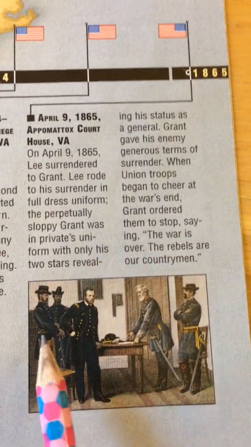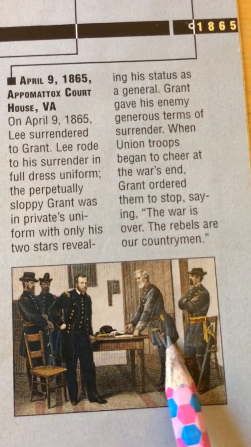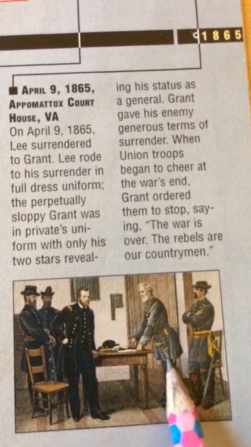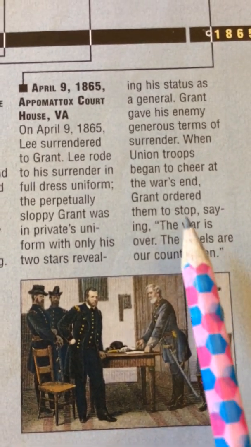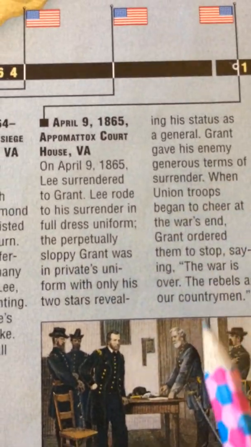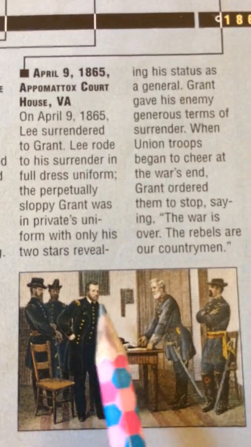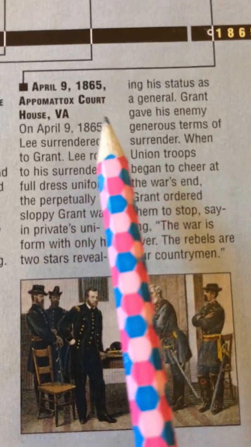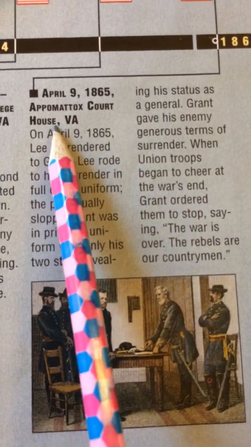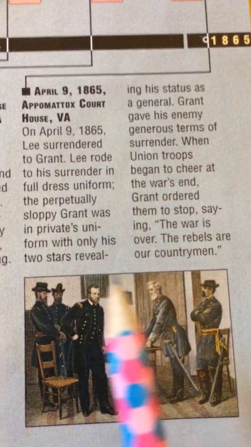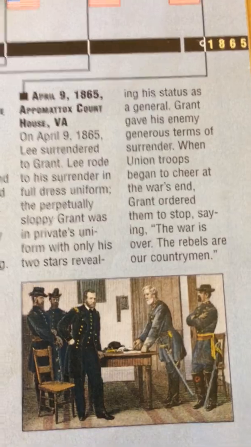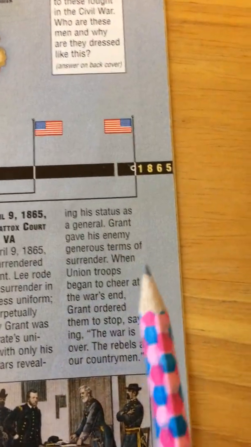Let's be peaceful and as kind as possible in the situation." And here they are, in a farmhouse, in Appomattox Courthouse, the town. It was in the country in 1865.